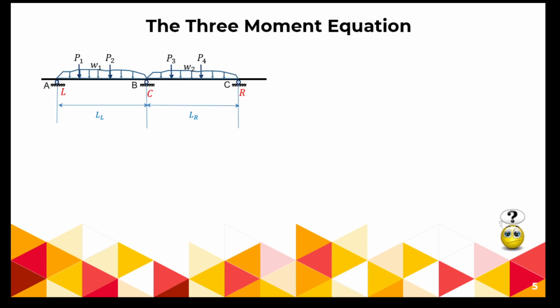So let's express the three-moment equation in terms of this: the left, the right, and the center. Regardless of the labels that we have for each point here, you have to understand the principle kung diin na siya, kung left na siya bala, kung center na siya, o kung right.